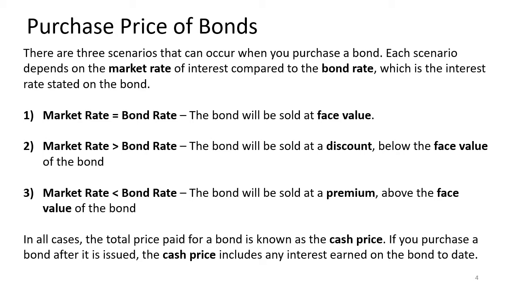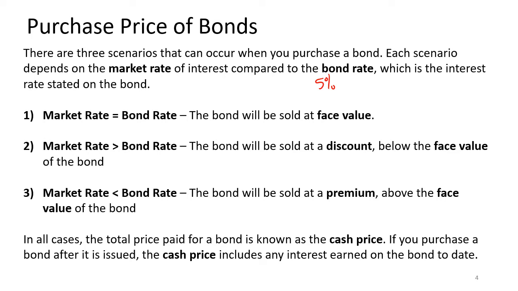There are 3 scenarios when you purchase a bond, and each depends on the market rate of interest compared to your bond rate. The bond rate is the rate of interest stated on the bond. The example I've been using is 5%. The market rate is what you can reasonably expect putting your money in the market, say in the stock market or investing it in some way, and earning a standard rate of return.